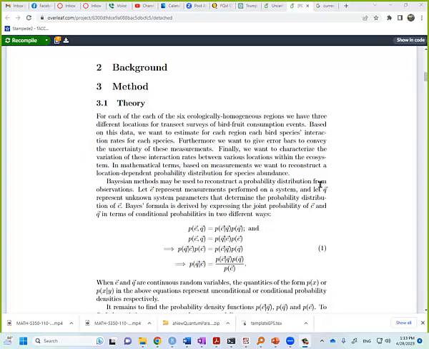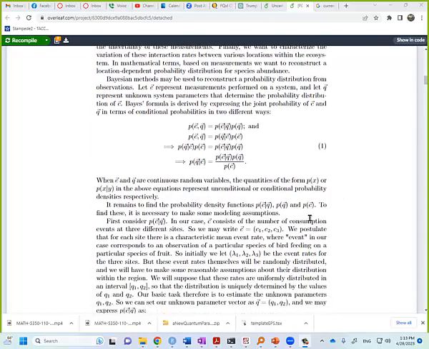To do that, we need Bayesian statistics, a Bayesian model. C is your observations and Q are the parameters, like mean, variance, and so on. So we have observations, and we want to estimate the parameters.